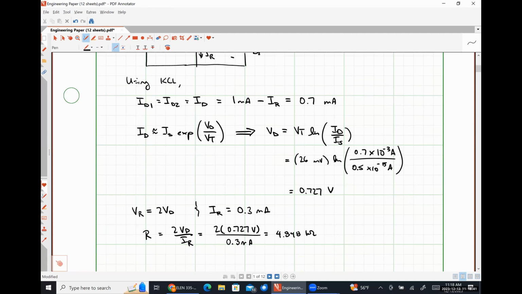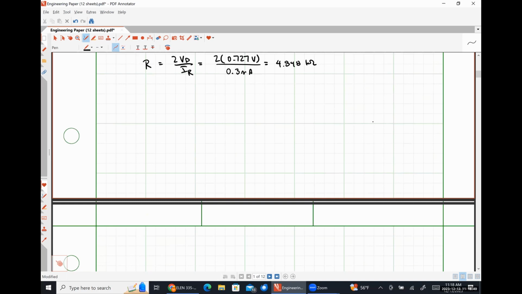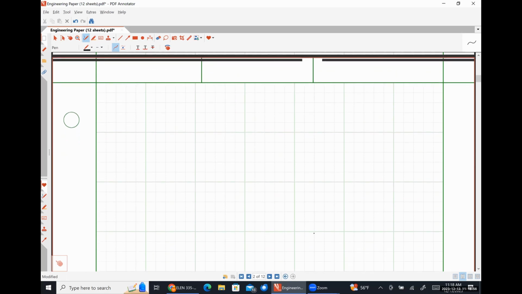So let's make it difficult. I can scroll back up if you guys need me to, but I didn't have enough room to do this problem here, so I scrolled down the next page. All right, so let's say that we have this circuit.